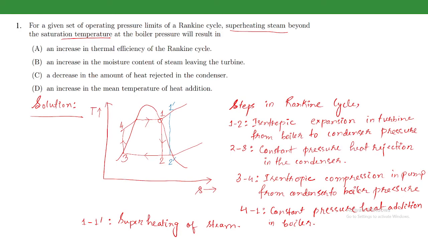Now, an increase in the moisture content of the steam leaving the turbine. Initially the turbine exit point was 2, now it is 2 dash, so the quality is improving from 2 to 2 dash, so the moisture content is decreasing, it is not increasing.